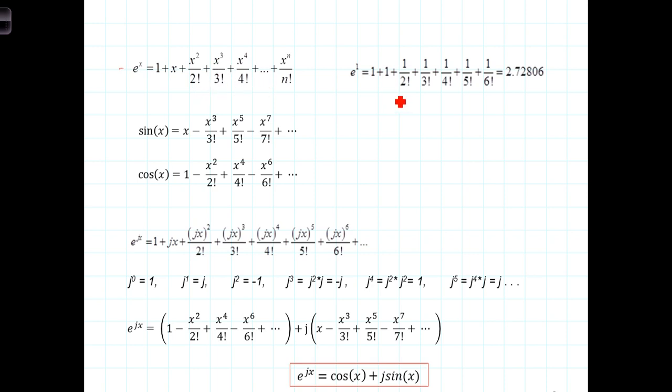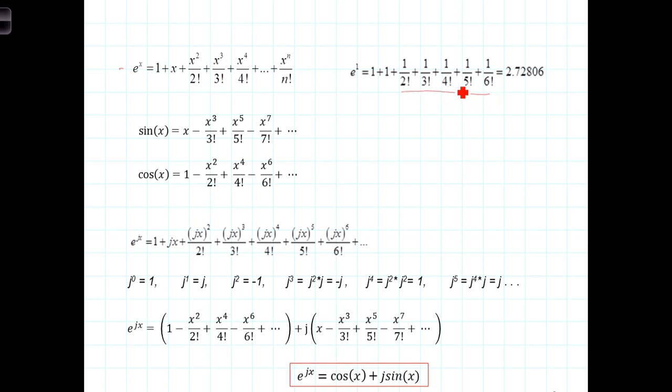Just as an aside, we can get a little bit better feel or a greater appreciation for the veracity of this expansion by looking at e to the first power, or letting x equal 1. E to the 1 is, of course, e, which the expansion says would be 1 plus 1 plus 1 over 2 factorial plus 1 over 3 factorial plus 1 over 4 factorial, and so on.